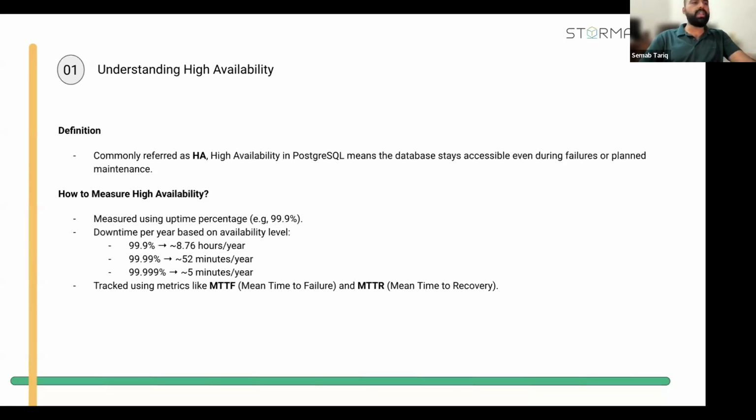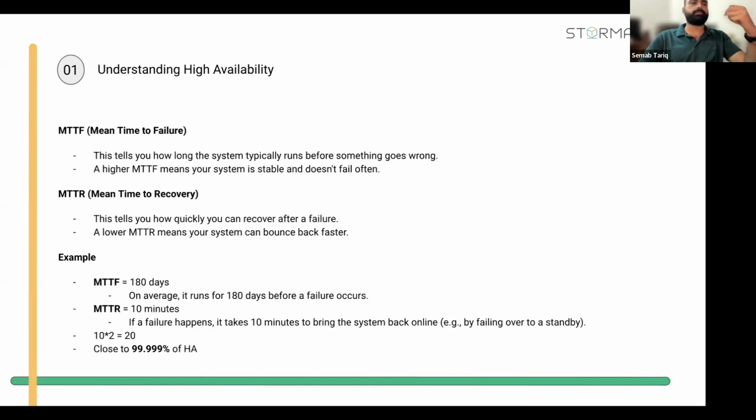Now, how do we actually track and improve the high availability for our system? We actually use two types of metrics: mean time to failure and mean time to recovery. So let's try to understand these metrics in detail. Mean time to failure actually tells you how long a system was operational before a downtime was hit, or something actually goes wrong with that system.